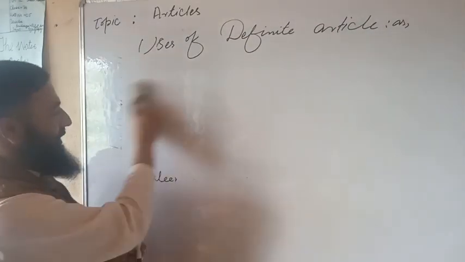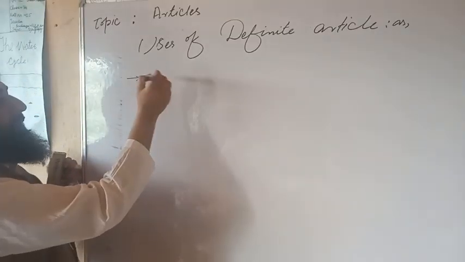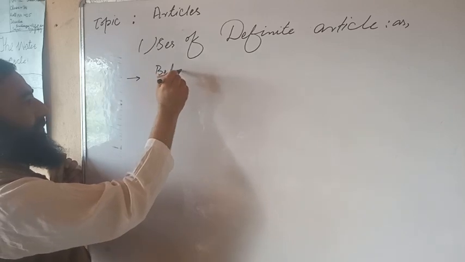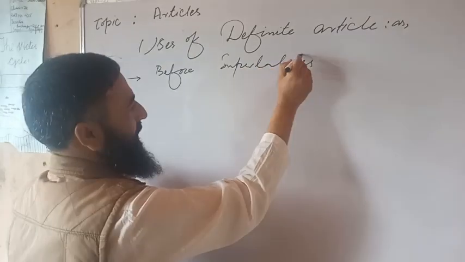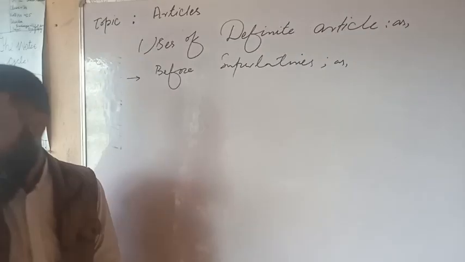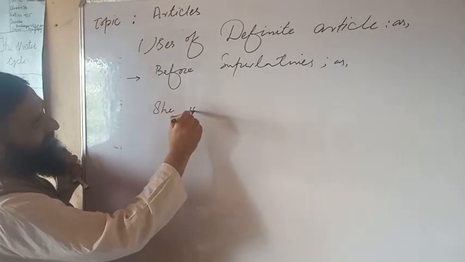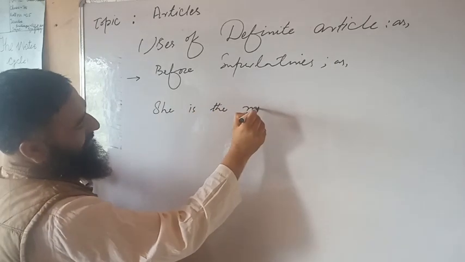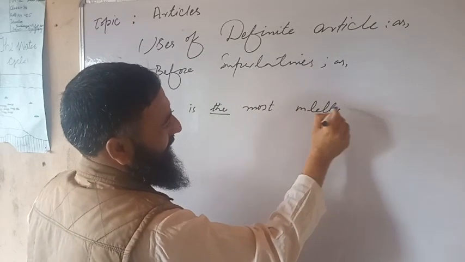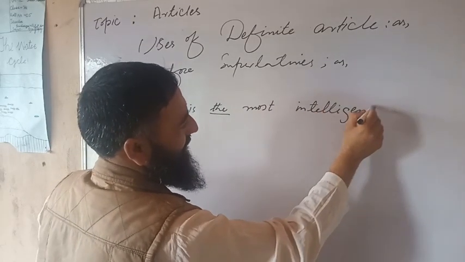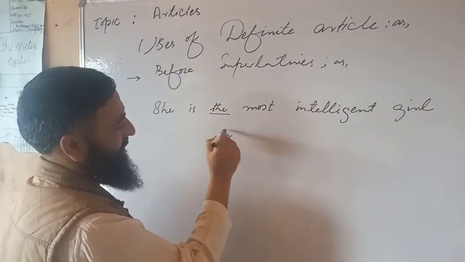Now the next is crucial, and it might be known to you. I will just remind you. Before superlatives, meaning the superlative degree of adjectives, we use "the". For example, she is the most intelligent girl in our class.